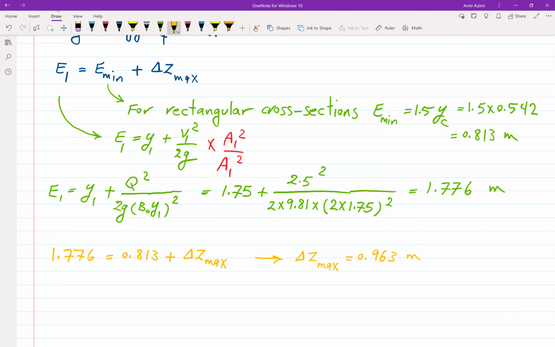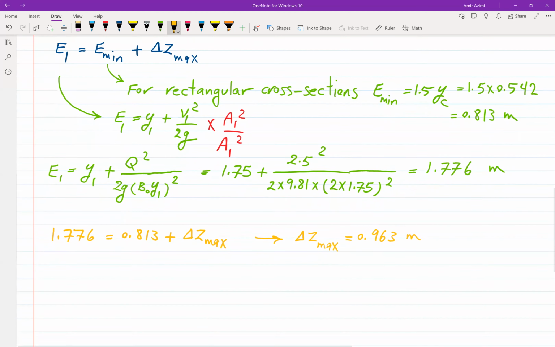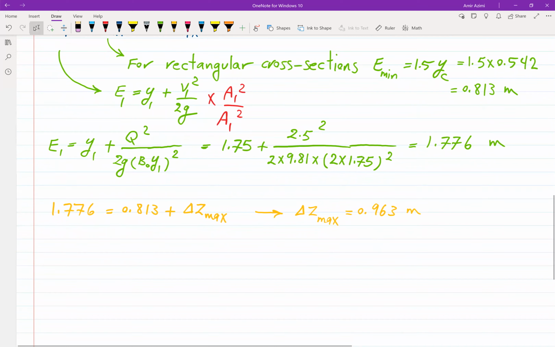So if you raise the hump level to 96 centimeter and 3 millimeter, the water level at the upstream still is 1.75. But from the moment that you raise delta Z above delta Z max, then you're going to have backwater effect or choking effect.